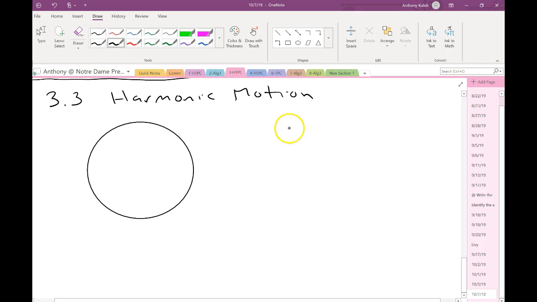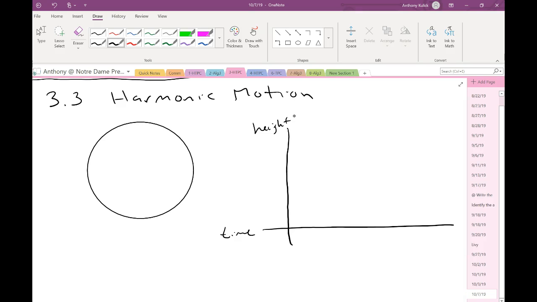And what we're going to do is graph the location or height of the passenger on this Ferris wheel on the y-axis and the time that they're on the Ferris wheel on the x-axis.